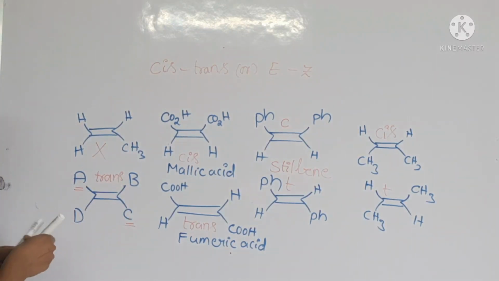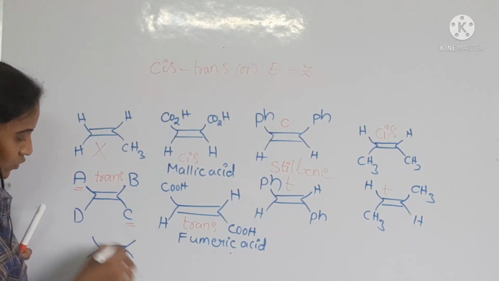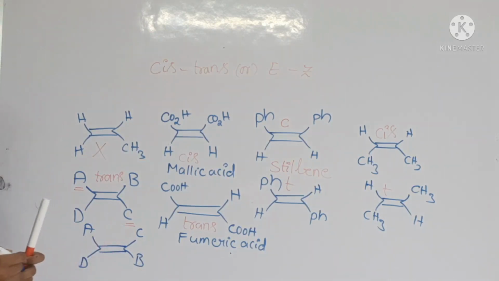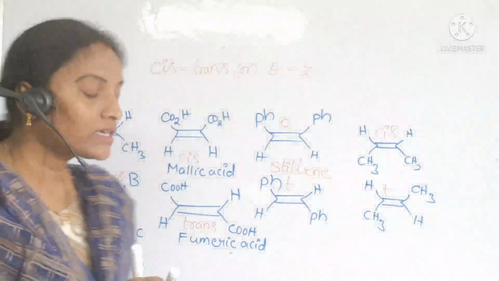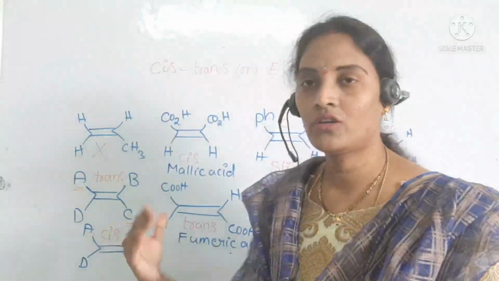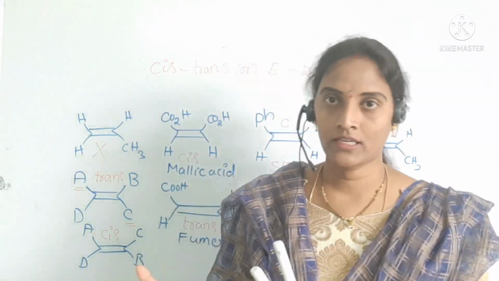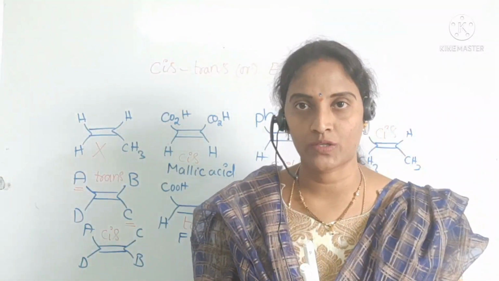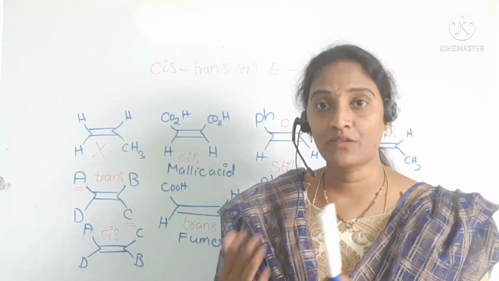If you take these reference groups on the same side, that is the cis isomer. But this is not a convenient way to identify molecules having cis isomerism, with the other isomer being the trans one, because when the double bond is attached with four different groups, this is not the convenient way.